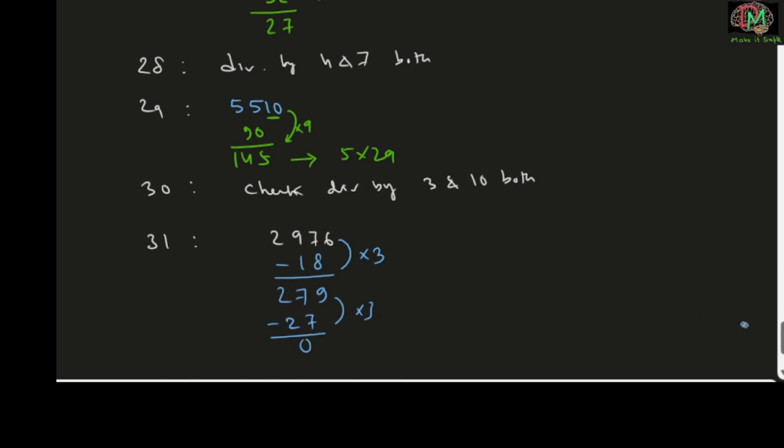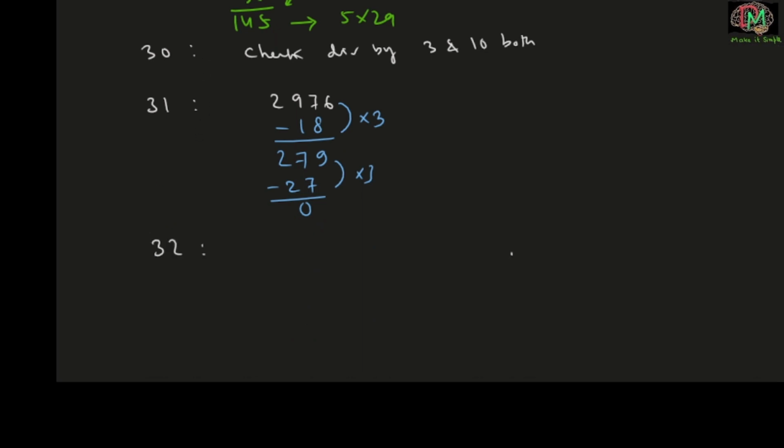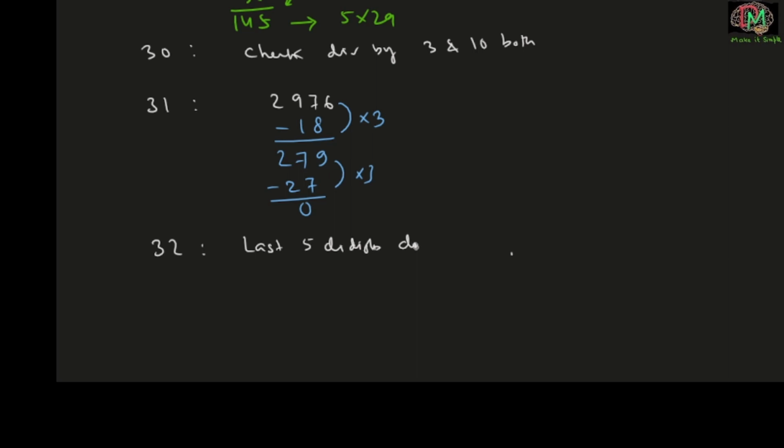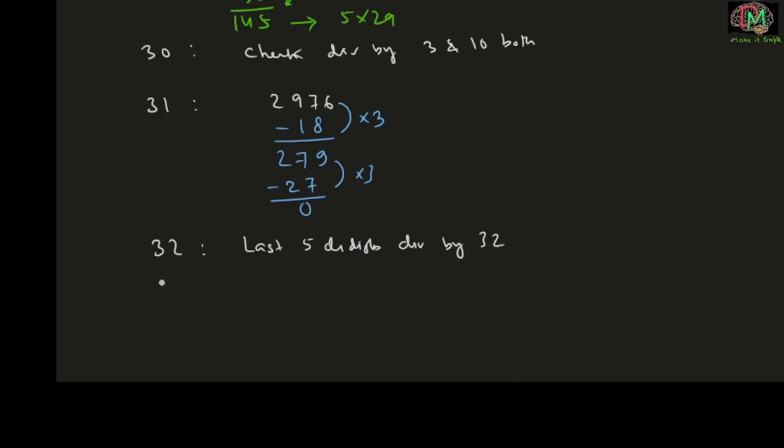Next is 32. For the divisibility rule of 32, you have to check whether the last 5 digits are divisible by 32 or not. If they are divisible, then the entire number is divisible by 32. Then 35.